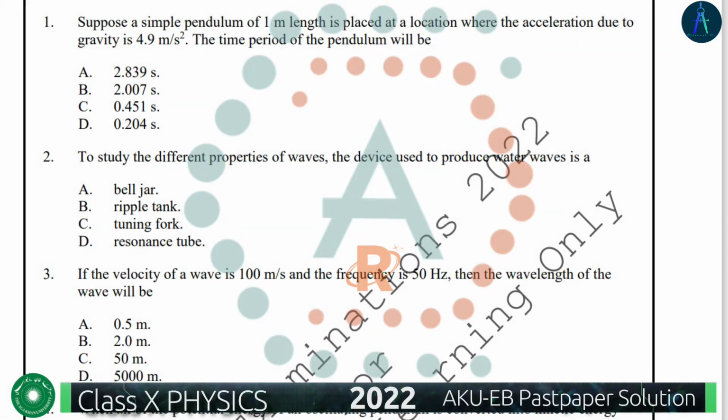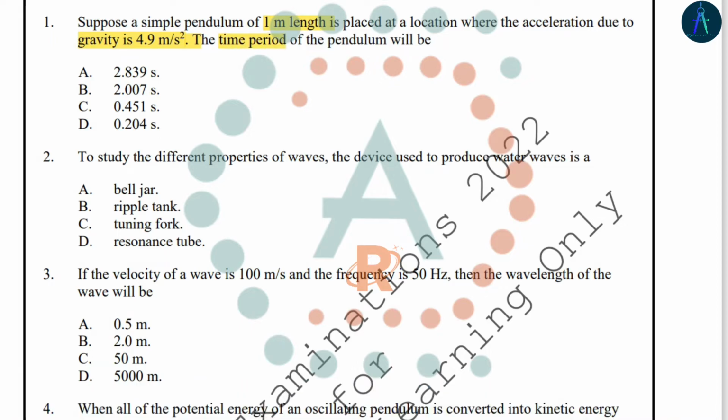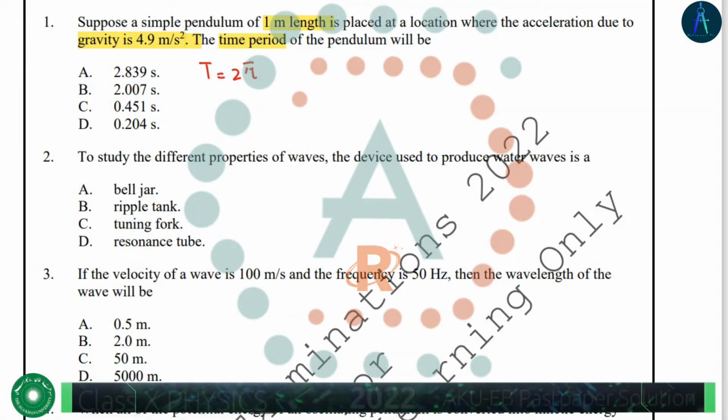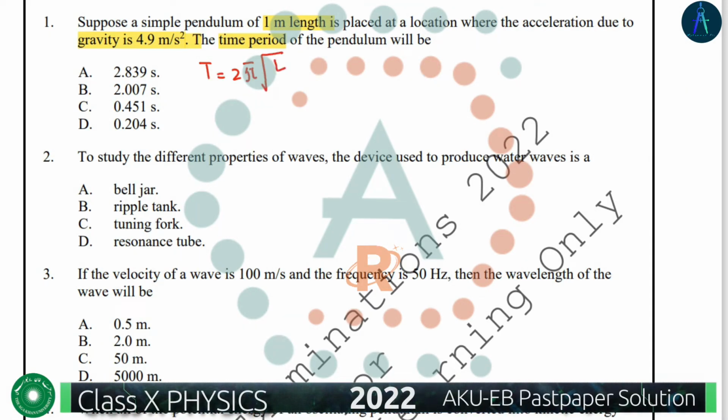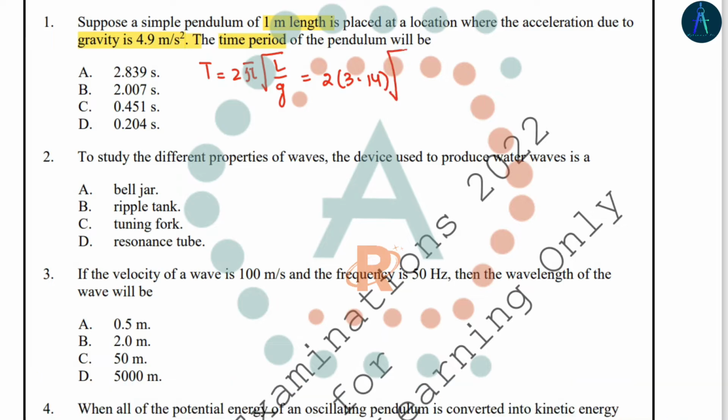Suppose a simple pendulum has a length of 1 meter and is placed on a location where the acceleration due to gravity is 4.9. And we have to find the time period. As we can see, this question is simple. We have to apply the formula of time period, that is equal to 2 pi square root L over G. The value of pi is 3.14, the value of length is 1, and the gravitational acceleration is 4.9.